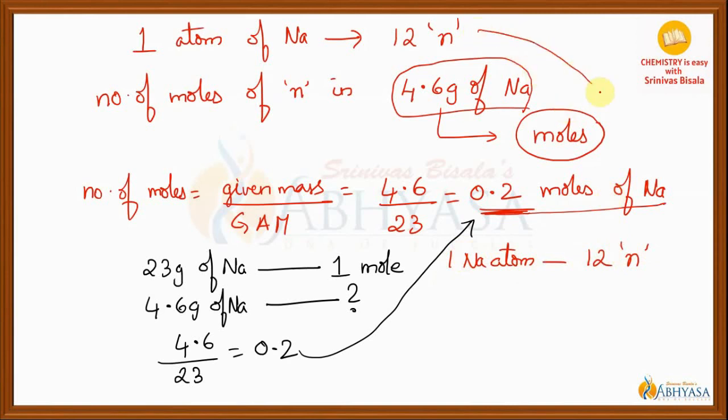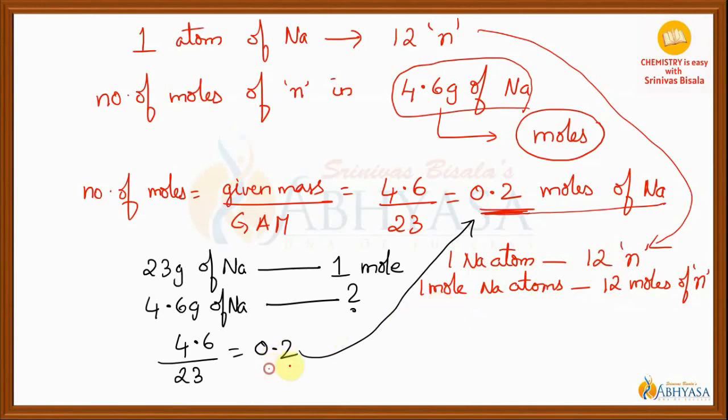This particular statement I have written again here. Now, in 1 mole of sodium atoms, we will have 12 moles of neutrons, because in one sodium atom we have 12 neutrons. But how many moles do we have now? It is only 0.2, isn't it?